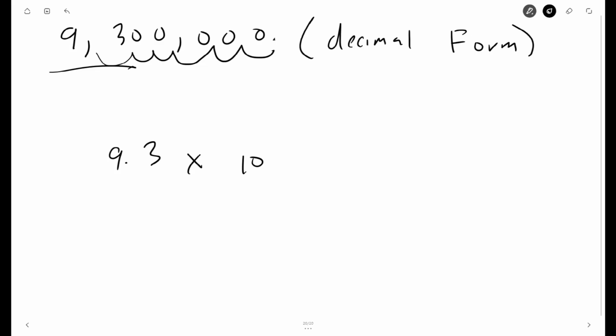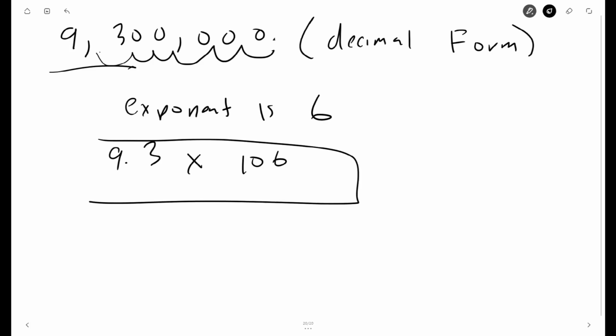To make it standard form, we have to move the decimal point 6 times, and because we want it in standard form, the exponent is 6. So this would be 9.3 times 10 to the 6 in standard form.